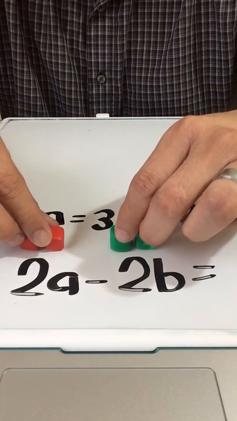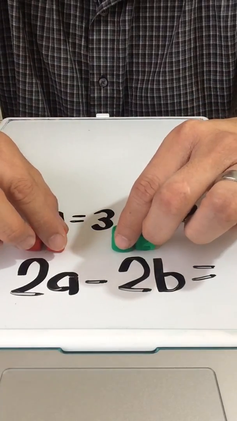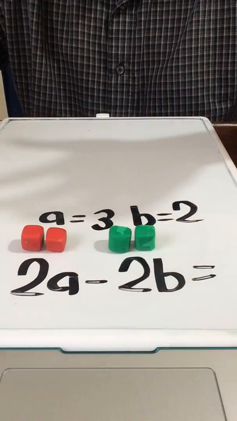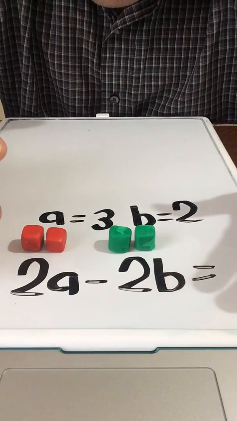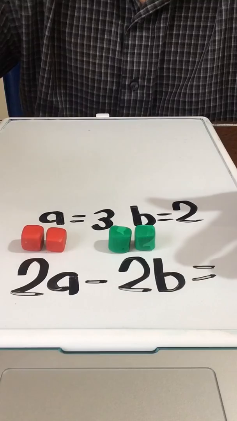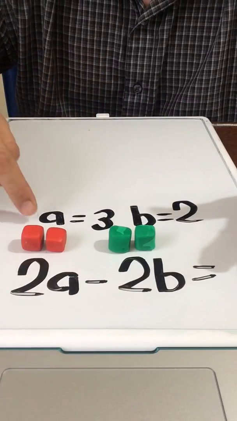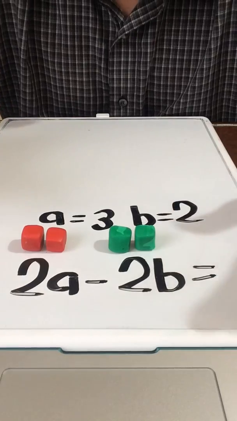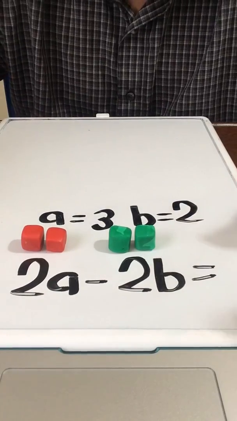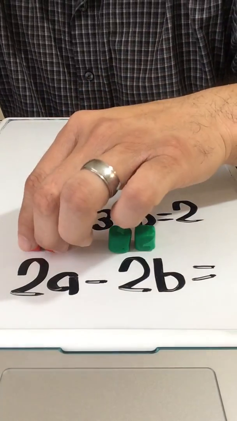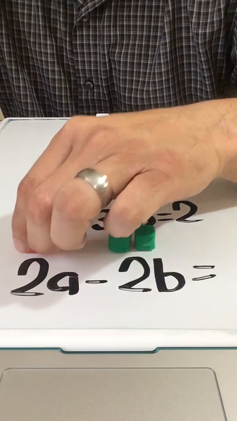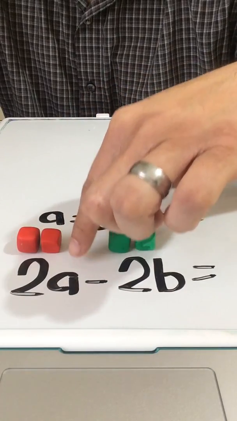With the manipulatives, this one's kind of fun, especially for the little ones, because if you're teaching multiplication, you can say 2 times 3, because alpha equals 3. What that means is 2, 3 times. So you tell the child, you have 2, and you have to multiply it times 3.